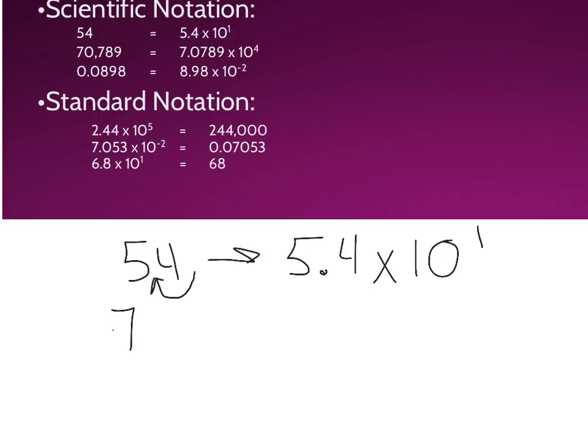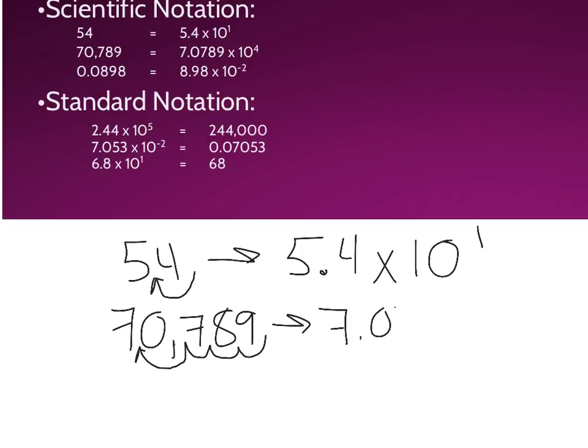For the next one, 70,789, I'm going to move the decimal place 1, 2, 3, 4 times, and there we get 7.0789 times 10 to the fourth. Again, positive exponent means a large number.